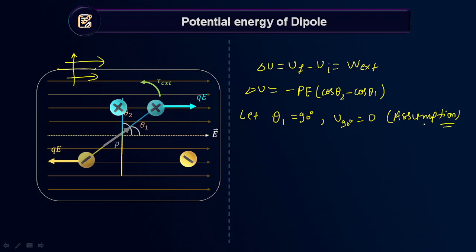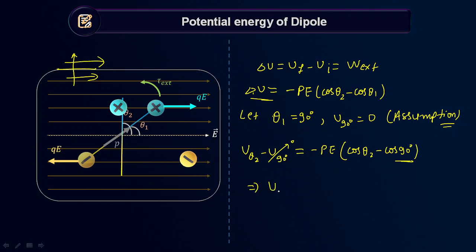Just as we assume that the potential energy at infinity is 0. So if I want to write U at theta 2 minus U at theta 1, which is 90 degrees here, that equals minus PE times cos theta 2 minus cos 90 degrees. Cos 90 is 0, so this term is also 0.